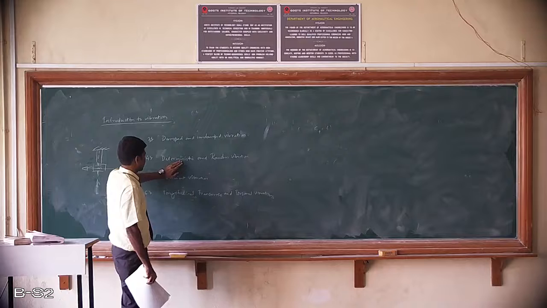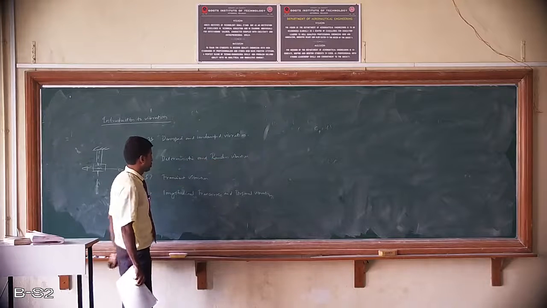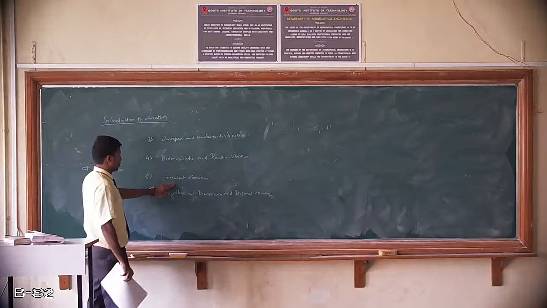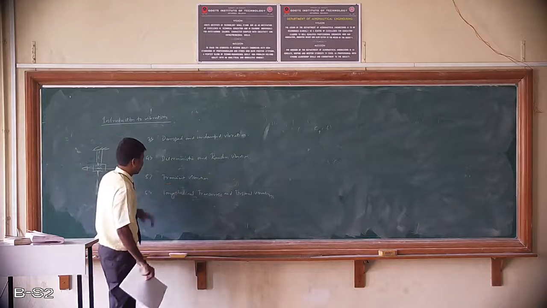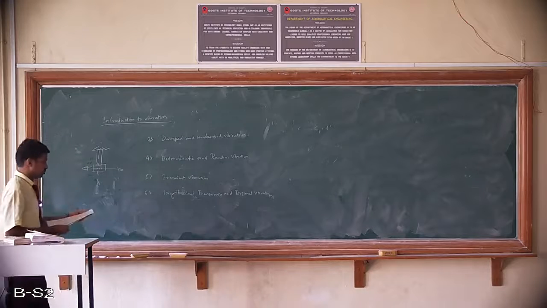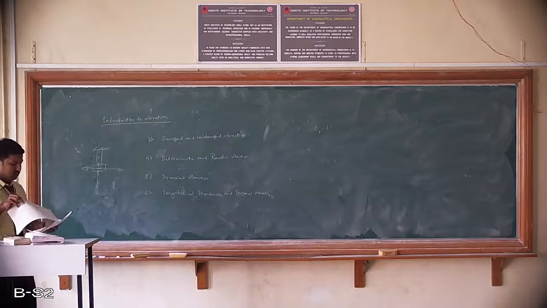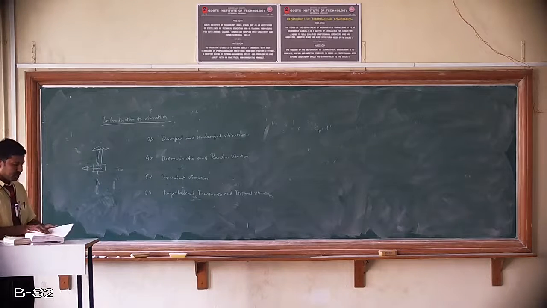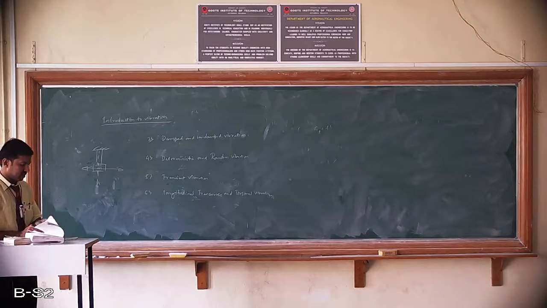Then deterministic and random vibration. Then transient vibration. And then longitudinal, transverse and torsional vibration. So we have discussed totally the 6 different varieties of vibration.